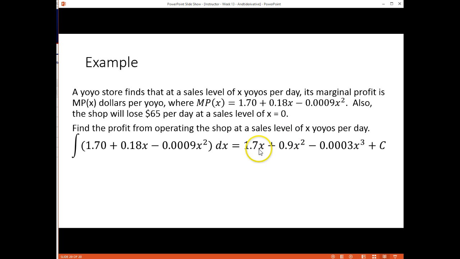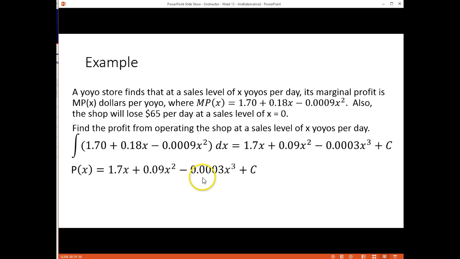So this is 1.7x plus 0. This should say 0.09. I'm going to pause and fix it. There we go. Integrate each piece. This is 1.7x plus 0.09x squared minus 0.003x cubed plus c. This is now my profit function, P of x.